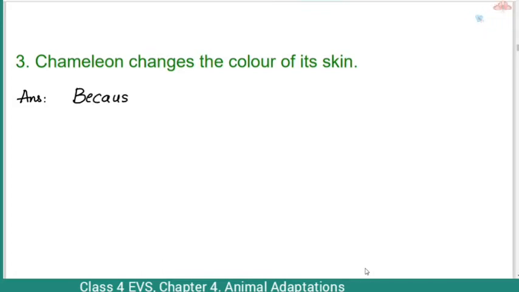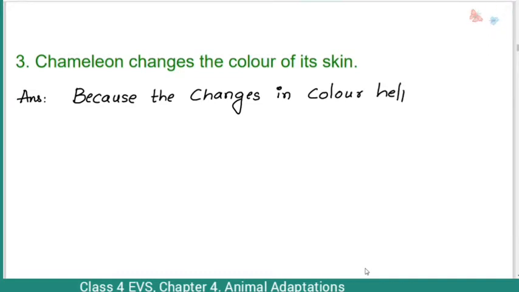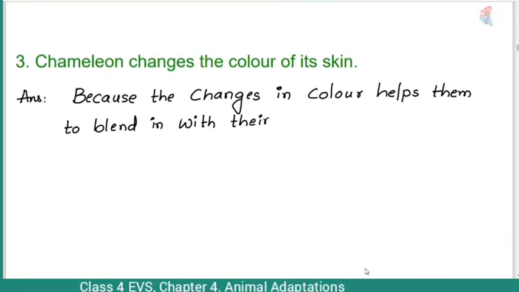Because the changes in color help them to blend in with their surroundings.